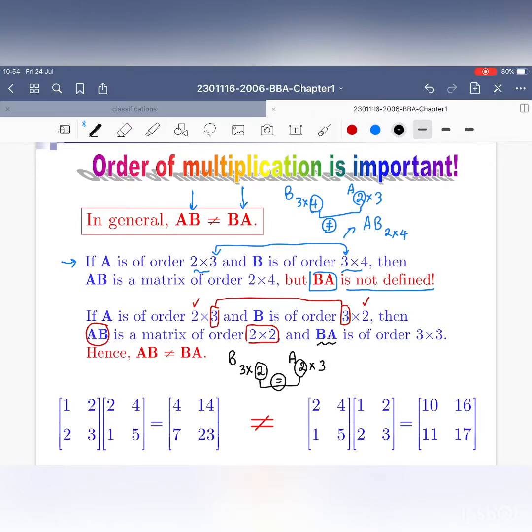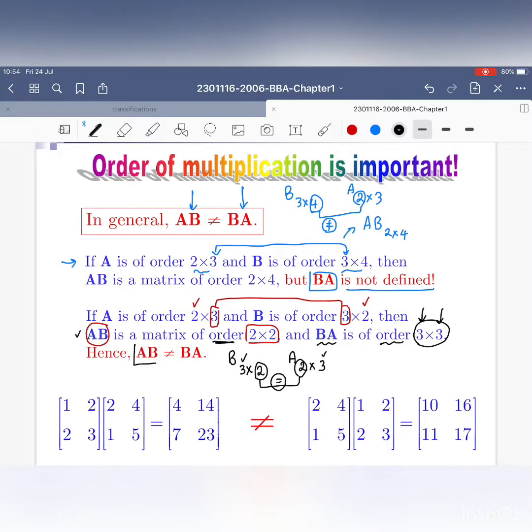You can find B times A. However, the size of B times A becomes a 3 by 3 matrix. So A times B has this order, with only 4 elements, but B times A has 3 rows and 3 columns, so it has 9 elements.